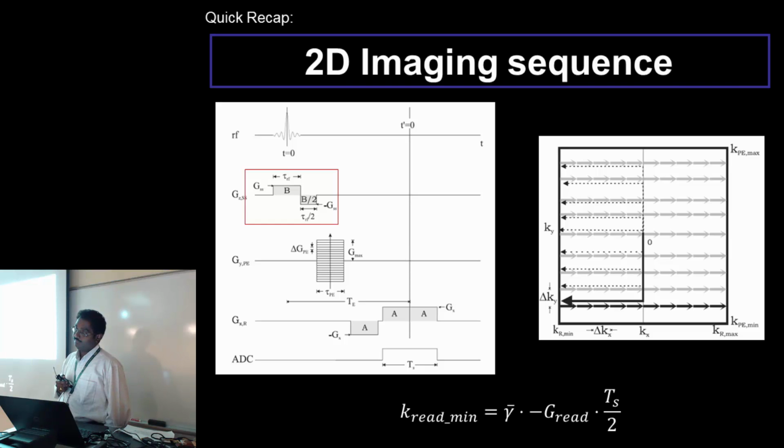In that particular question, as there is no rewinding gradient, we should suppose that the TR is long enough to lose all the... Not necessarily, like I said, there are multiple ways you can manipulate the spins, right?